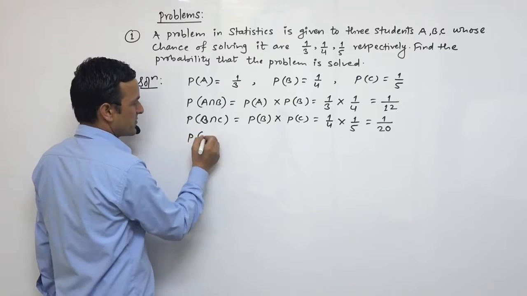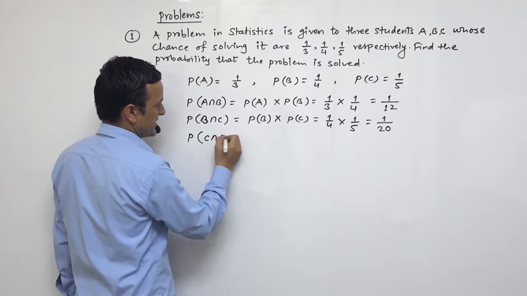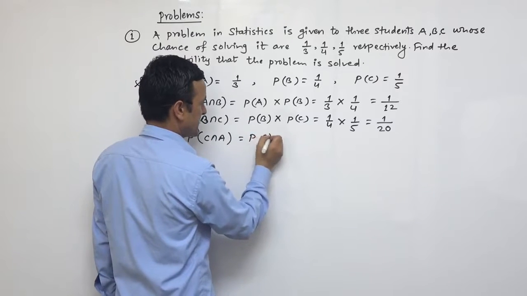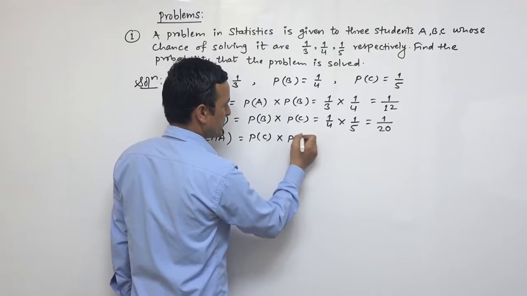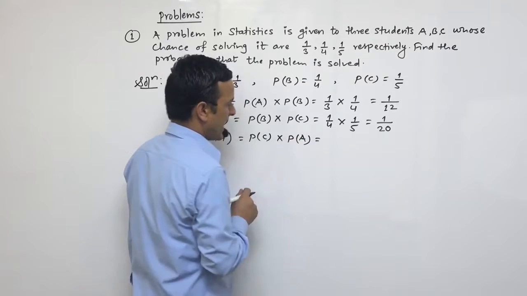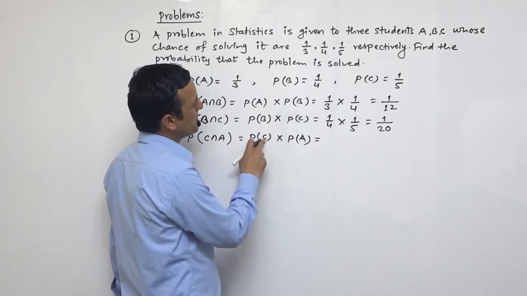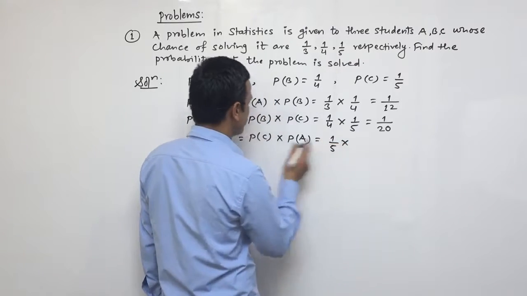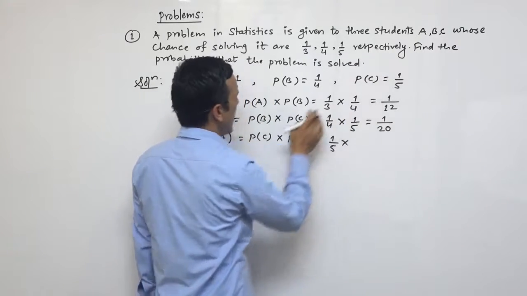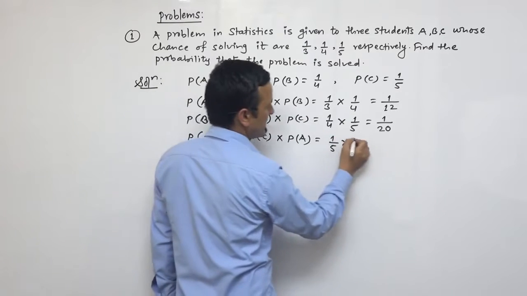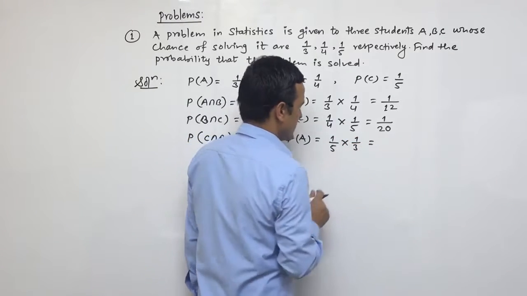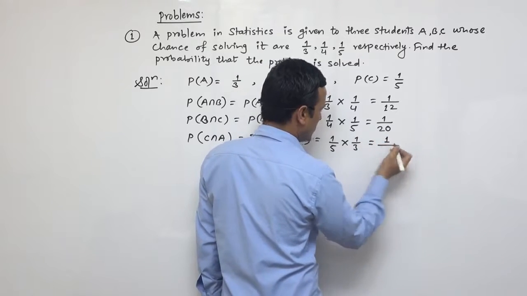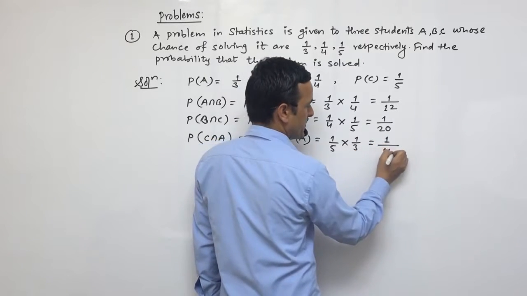Similarly, we find C intersection A, and the formula is P(C) into P(A). When you insert the values, P(C) is 1/5 and P(A) is 1/3. After multiplying, 1 into 1, and 5 3s are 15.